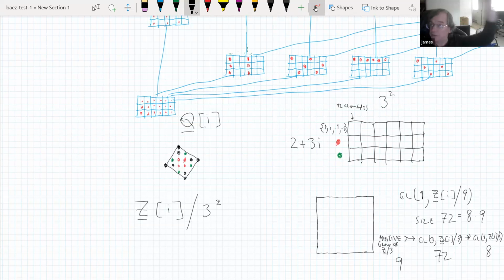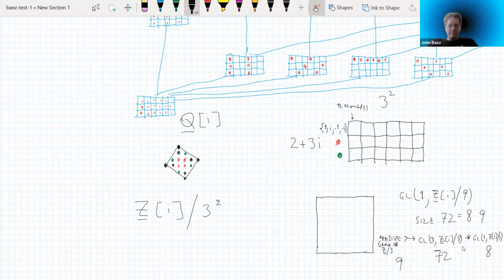Yes, but whenever you have a prime power ideal, this basically happens, that you get the additive group of something and the multiplicative group of the quotient ring. Okay. There are really good reasons for it. I'm just not feeling smart enough to say anything intelligent about it at the moment.